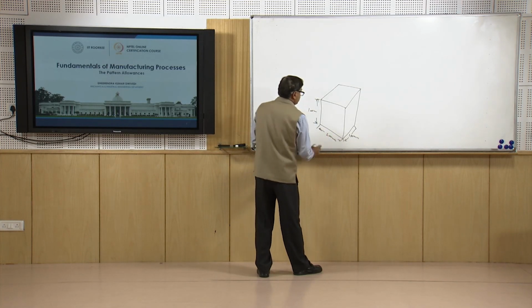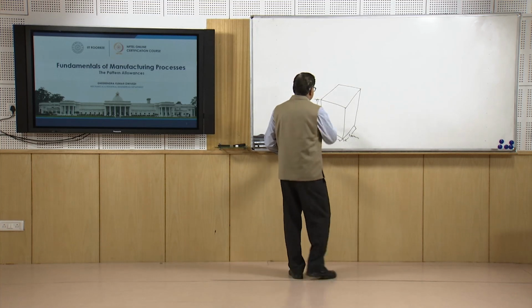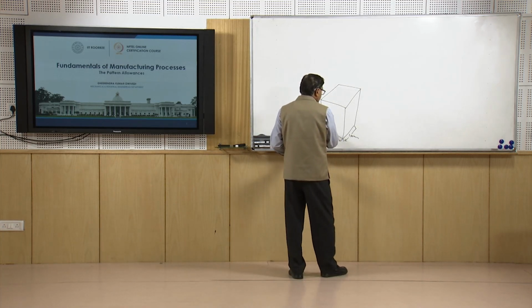So, these are the three dimensions: height or thickness, width and length.